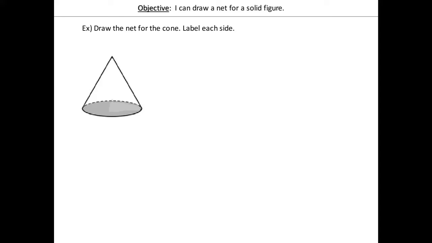Our base is going to be a circle. So let me get my circle tool here. I'm going to draw my circular base. So my bottom piece right here is a circle. That's my bottom piece. And then my sides is going to create a sector.